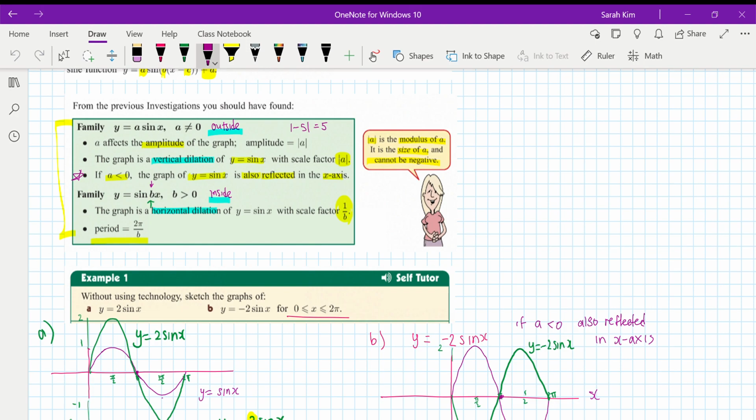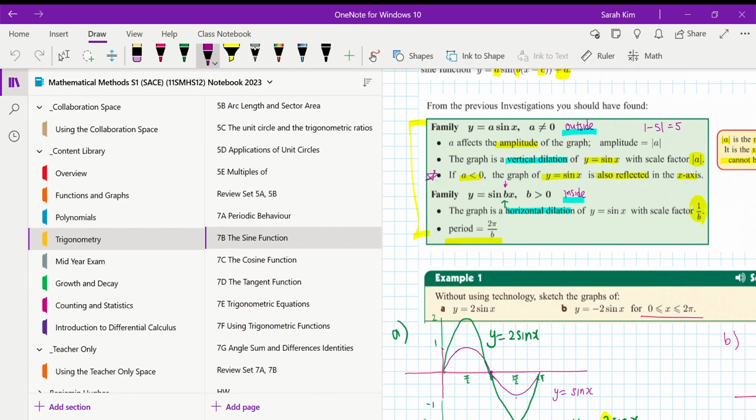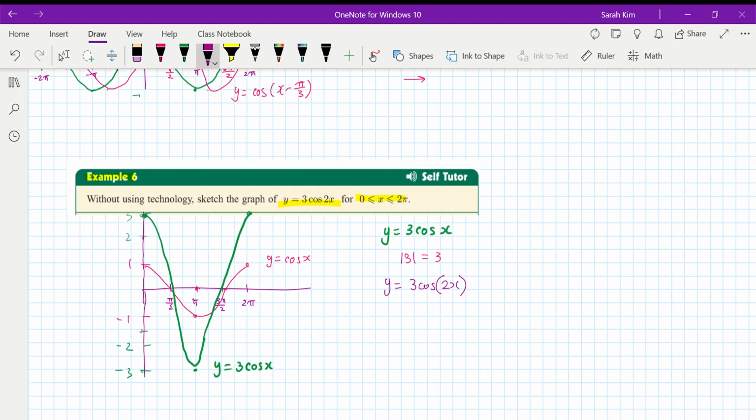Scale factor of 1 over b, where b is the number in there, and the period changes as well, 2 pi over b. So the scale factor is going to be 1 over b, which is 1 over 2 in our case, so it's going to halve. My period is going to be 2 pi over b, so it's going to be pi.